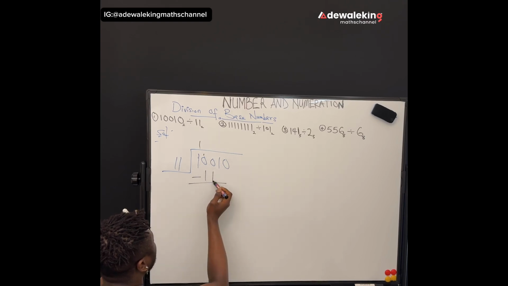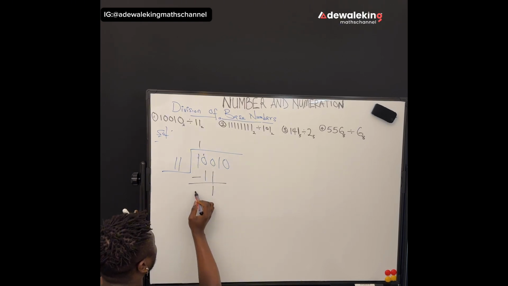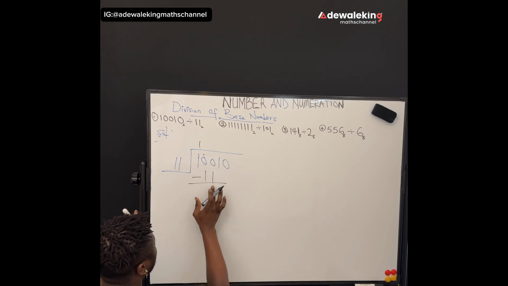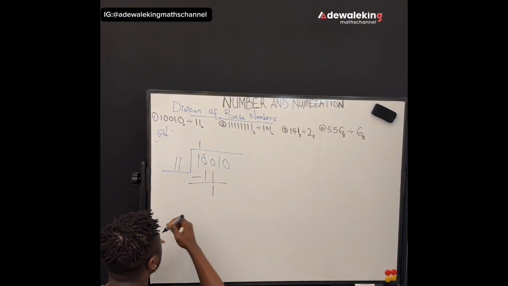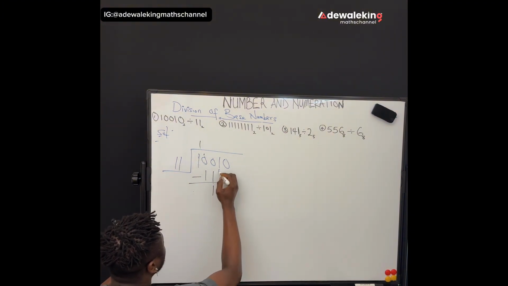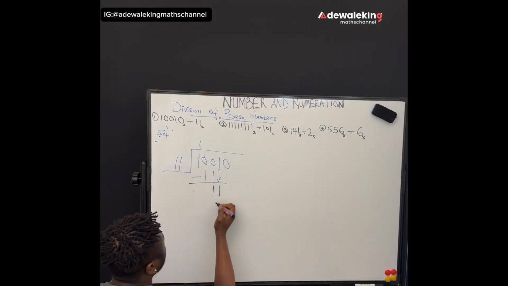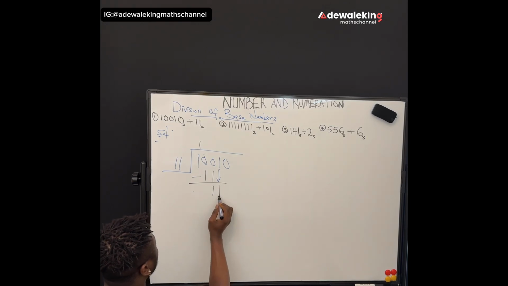So 2 minus 1 is 1, and this 1 minus 1 is 0, 0. So it means 1, 0, 0 minus 1, 1 will give us 1 in base 2. So you take this down, and when you bring this down, this will give us 1, 1.